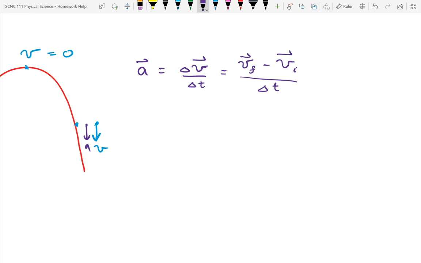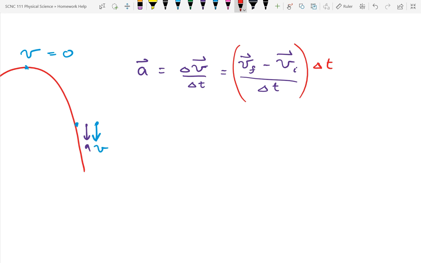And because the math requirement for this class is pretty minimal, I'm going to actually go through the one-step algebra for solving this equation for the change in speed, or change in velocity, excuse me. Remember I told you I make that mistake. I want to get the velocities not divided by change in time, so I multiply them by change in time.